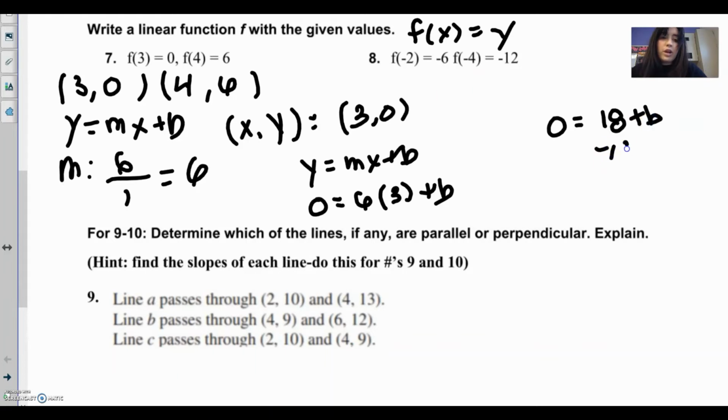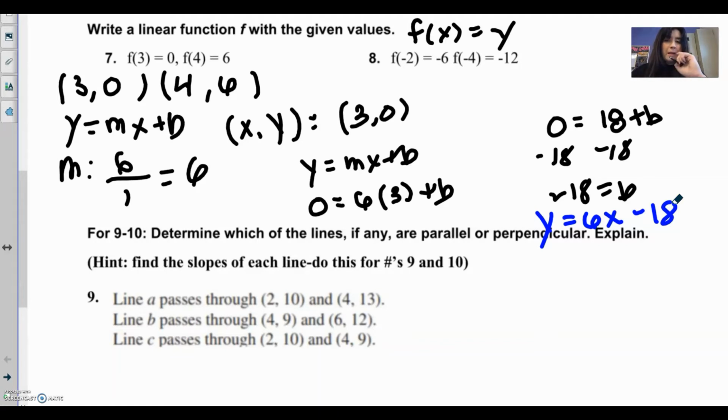We have to subtract 18. Negative 18 equals b. So our equation is y equals 6x minus 18. Okay? So if you feel comfortable with point slope form, use that. If you want to use this because you think it's easier, you're welcome to.